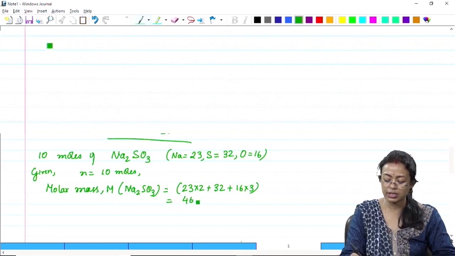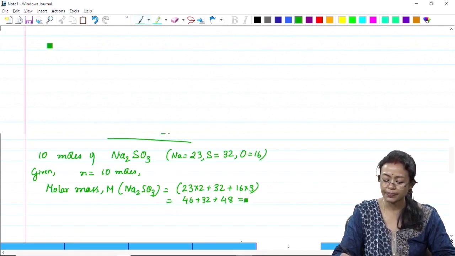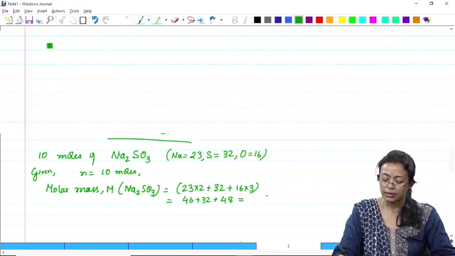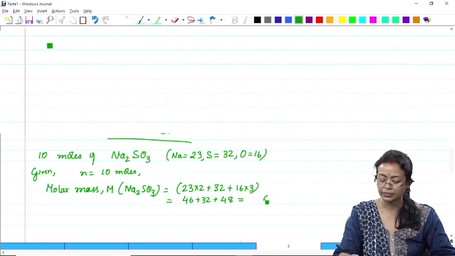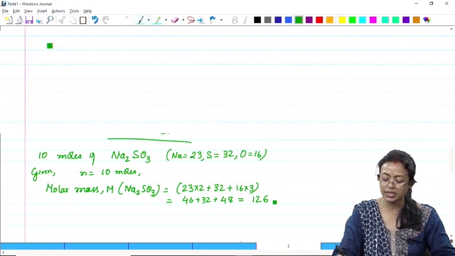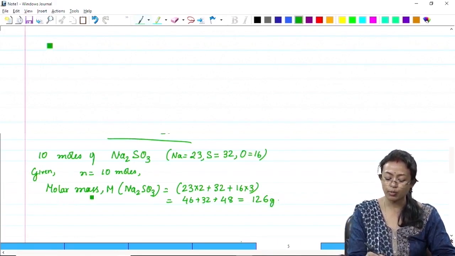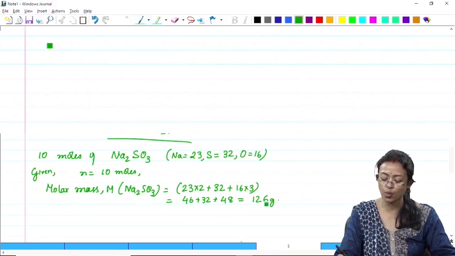So we have 46 plus 32 plus 48, which is equal to 126 gram. Alright, so the molar mass of sodium sulfite is 126.